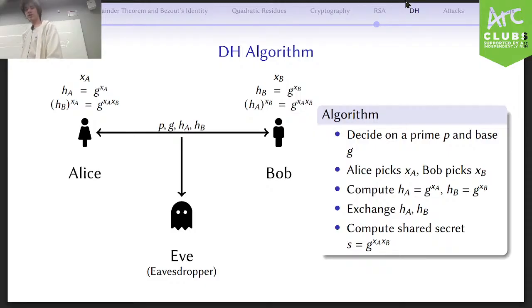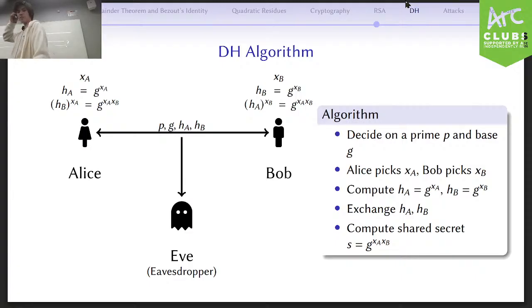He's going to raise Alice's number HA to his secret number XB, and he's also going to arrive at the same number, G to the power of XA times XB. So it's kind of just like the power law, just some maths. They both will arrive at the same number.